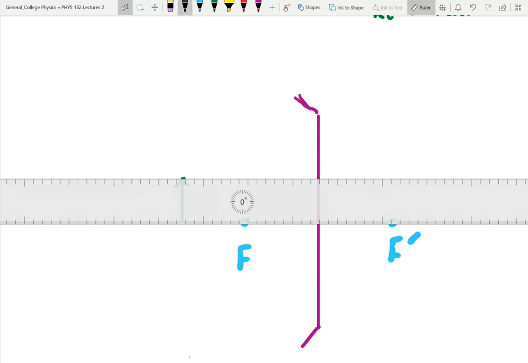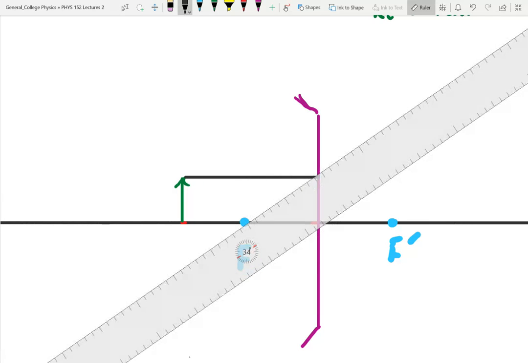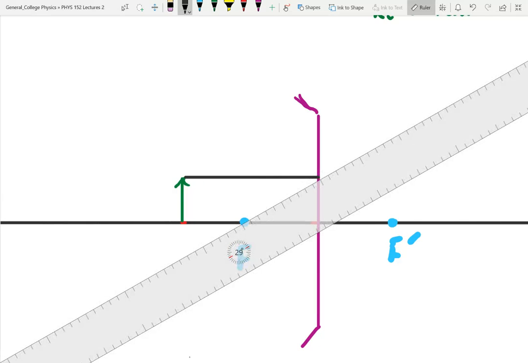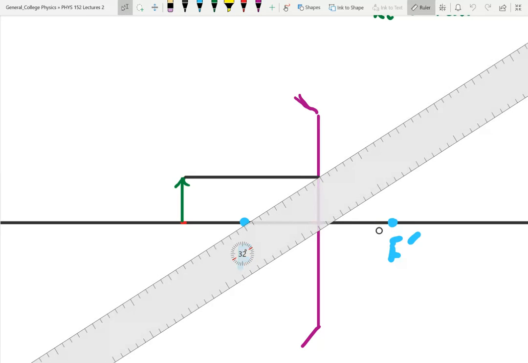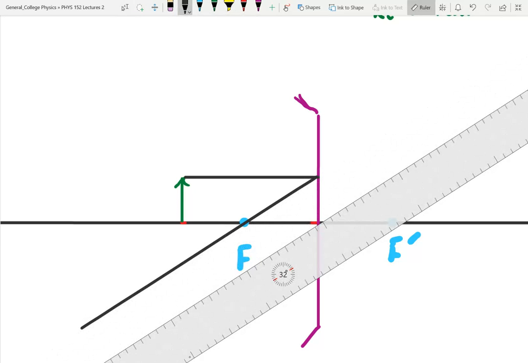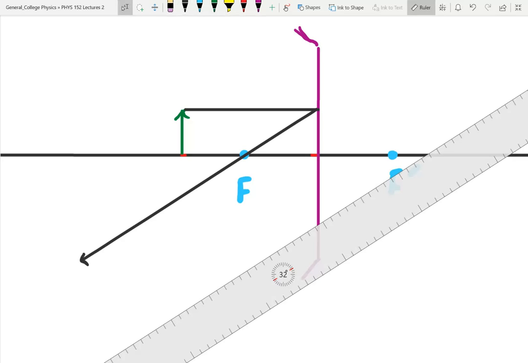So my parallel ray is going to go parallel to the principal axis from the tip of the object, but now it's reflecting back through the focal point, like that. So that's my parallel ray. And then I have, using the same colors, my focal ray I did in green.